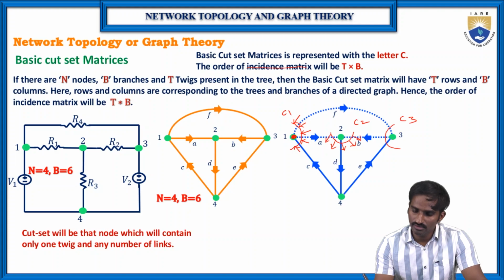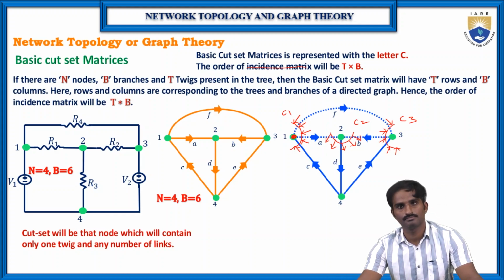For cut set 3, connected to node 3, the twig is E and its direction is towards node 3, so this is the direction of the cut set. This is how we can indicate the cut sets.